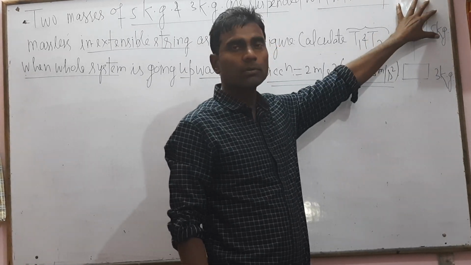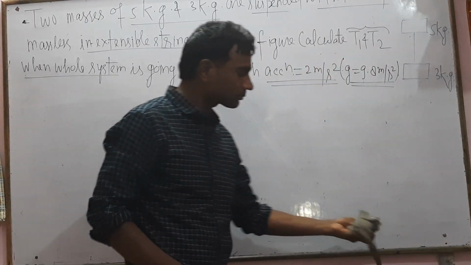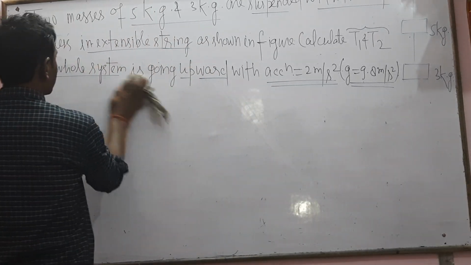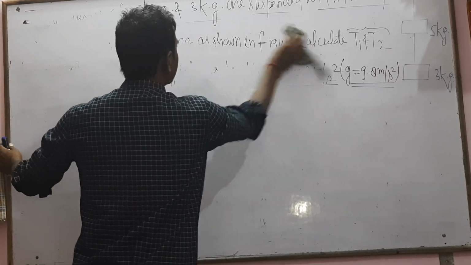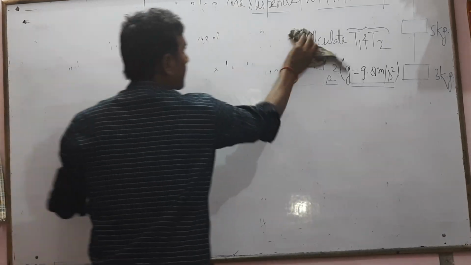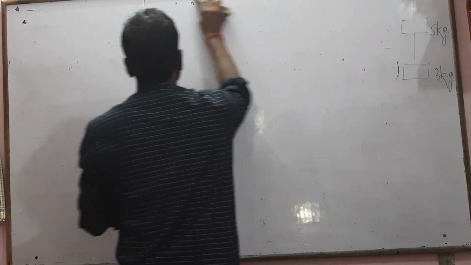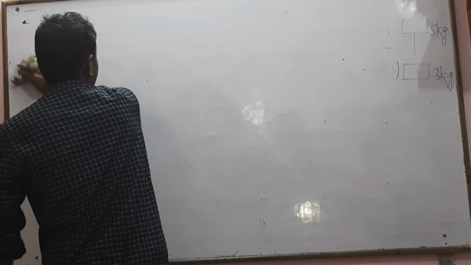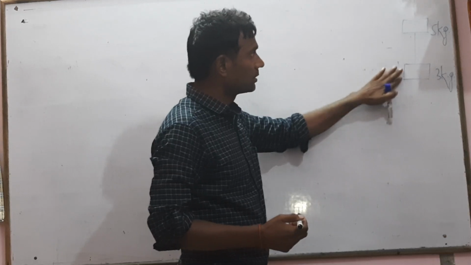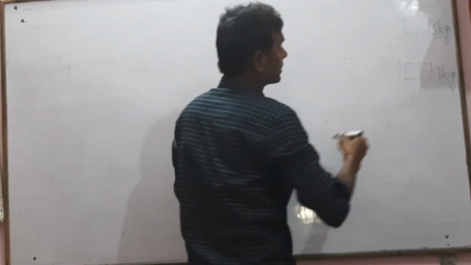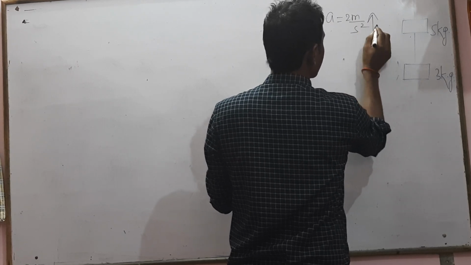Let us suppose this whole system is going in the upward direction with acceleration a equal to 2 meter per second square. Then find the tension T1 and T2.